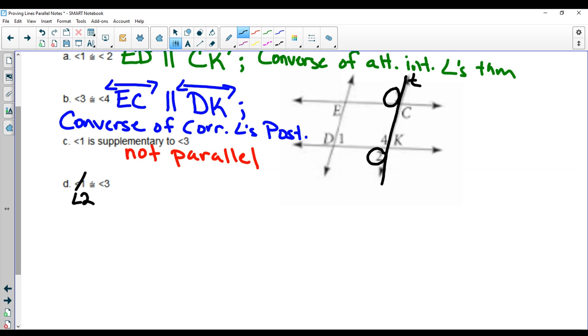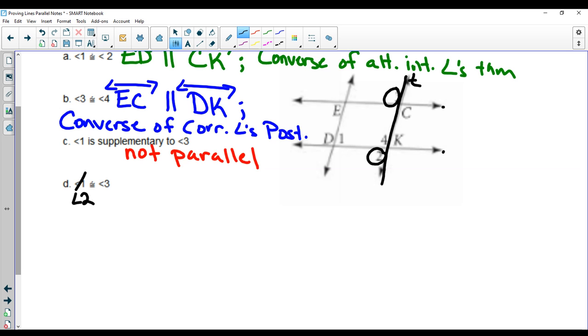It looks to me we're on the same side of our transversal, and we're outside these two lines right here. So based on their locations to the transversal, this is a same side exterior angle situation.